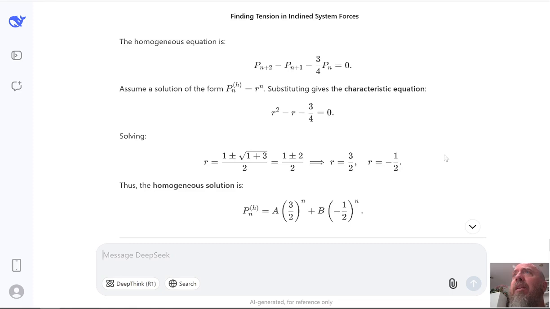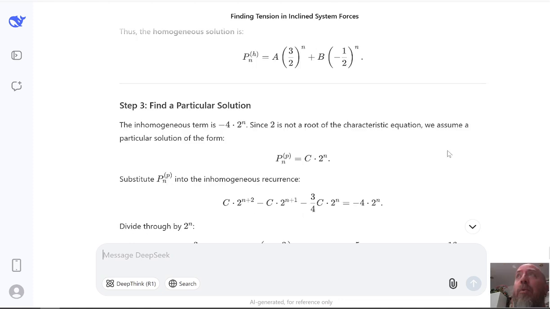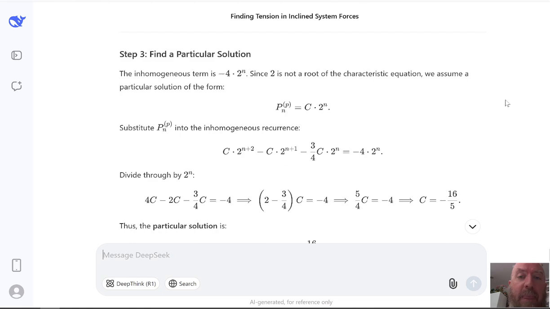Then you need to deal with the particular solution for the inhomogeneous part, which is an exponential, so it has to be an exponential. Put in step 4, combine that in, so you have this.